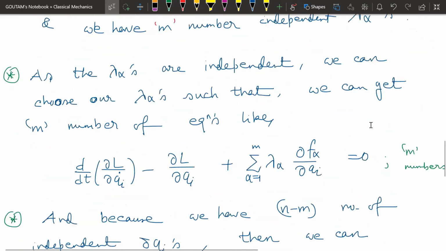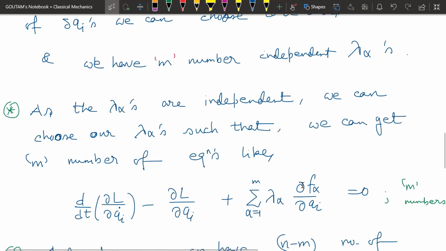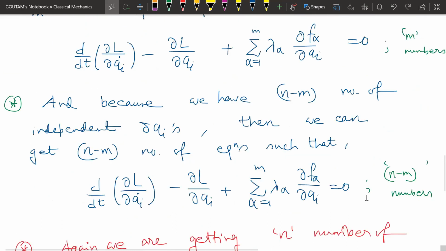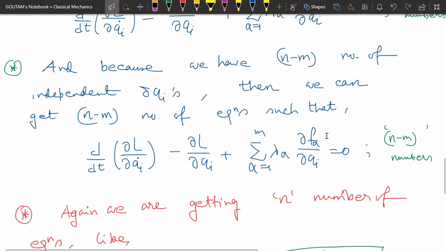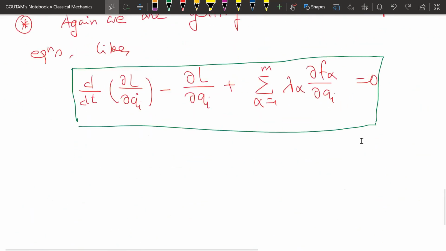That's why we used m number of independent lambda alphas to make m number of such equations, and the rest of the n minus m number of equations are taken care of by the n minus m number of independent Qi's.